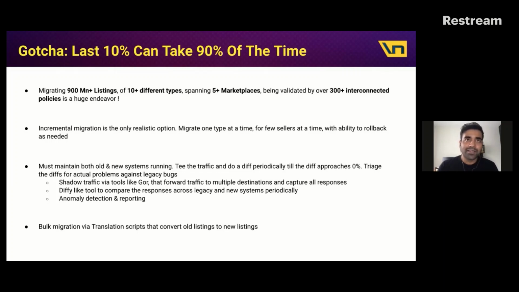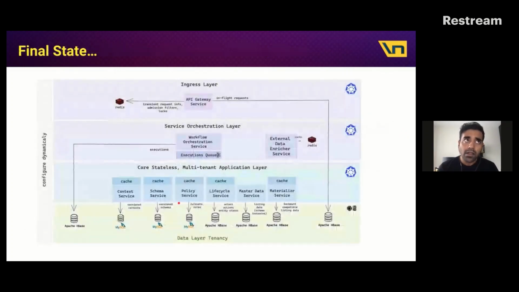The learning basically was that the last 10% that you would normally get for migration can actually take up quite some time. So automation is something we are recommending. And this is the final state that we arrived at. We have an ingress layer, which is essentially our API gateway, which does things like admission filters, locking, concurrency control, and quality of service.